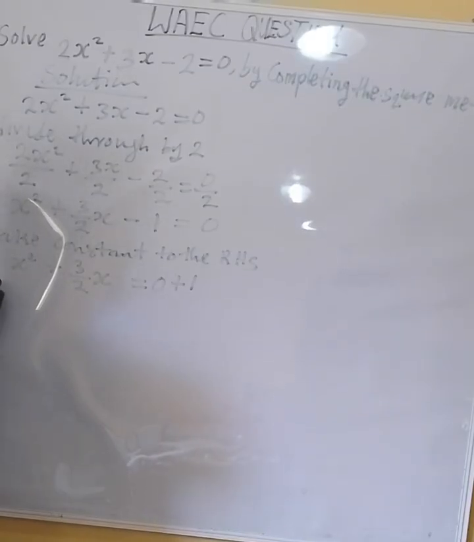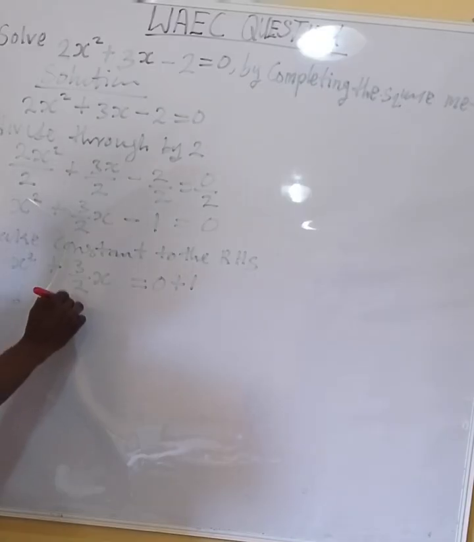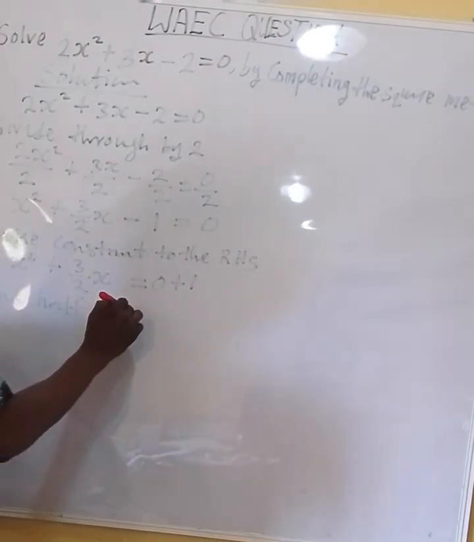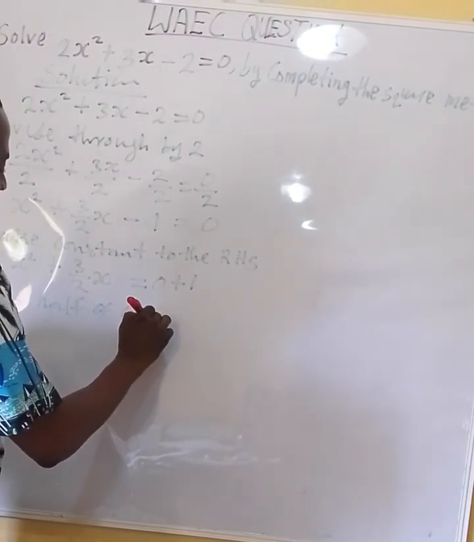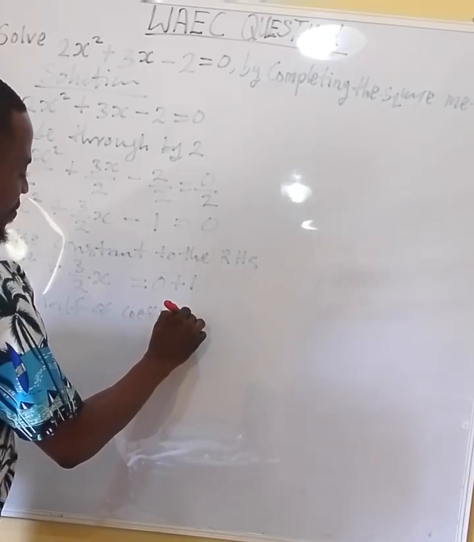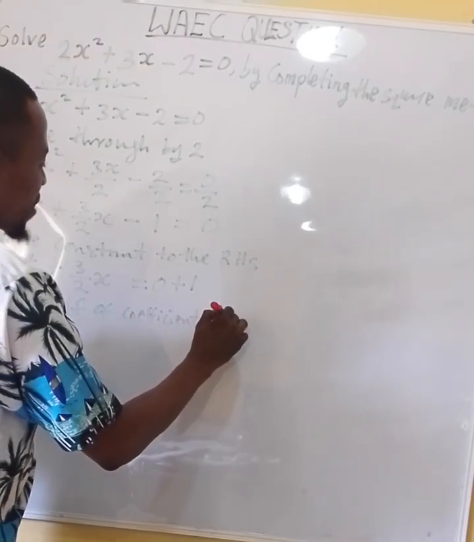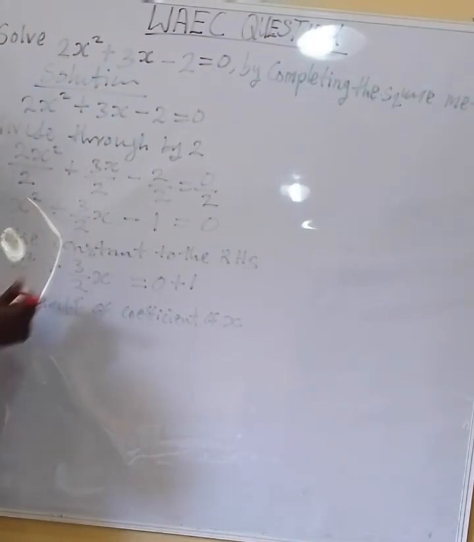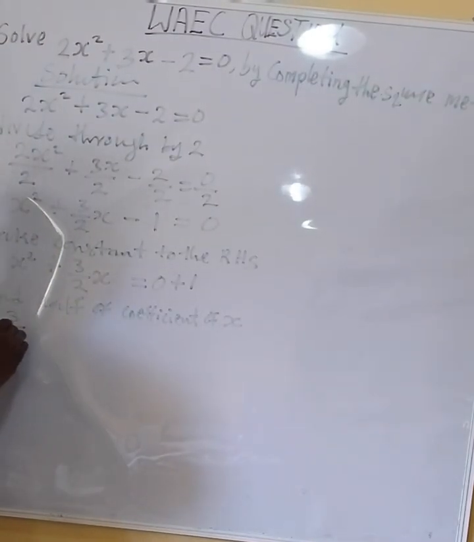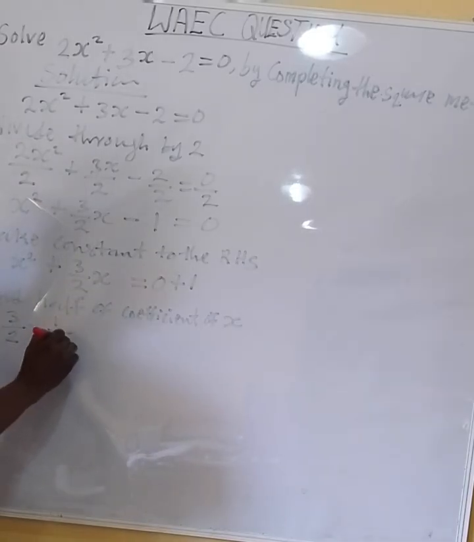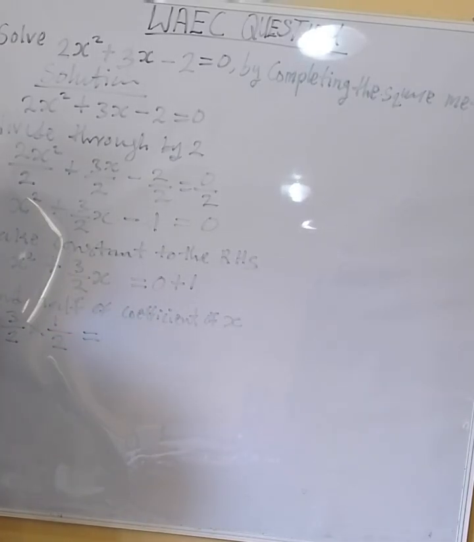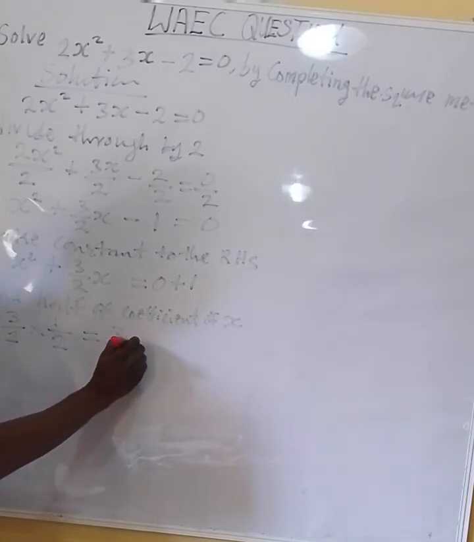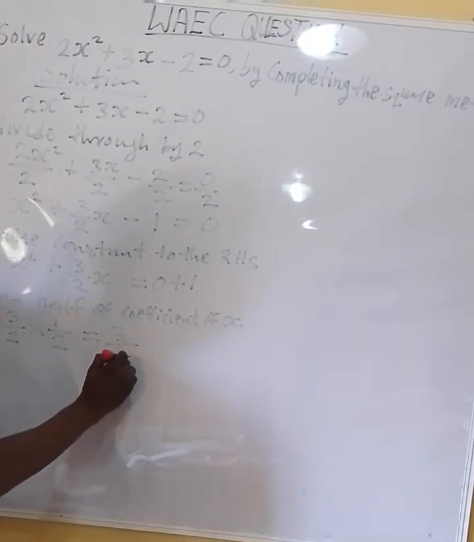By saying find half of the coefficient of x. So half of the coefficient of x is what? 3 over 2 times 1 over 2 equals 3 times 1, 3, 2 times 2, 4.